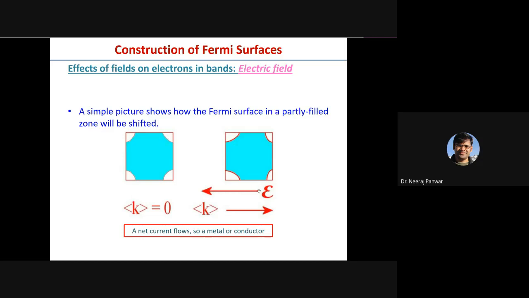But when we apply an electric field in this direction, you see how the Fermi surface would get distorted, because electrons would move, the average k vector would move in the opposite direction of the electric field. Therefore, the Fermi surface will get distorted. And because these states are empty here, the electrons can go from the sky blue region to these states. Therefore, conduction is possible, and the Fermi surface will get distorted, but it will lead to metallic or conducting behavior.